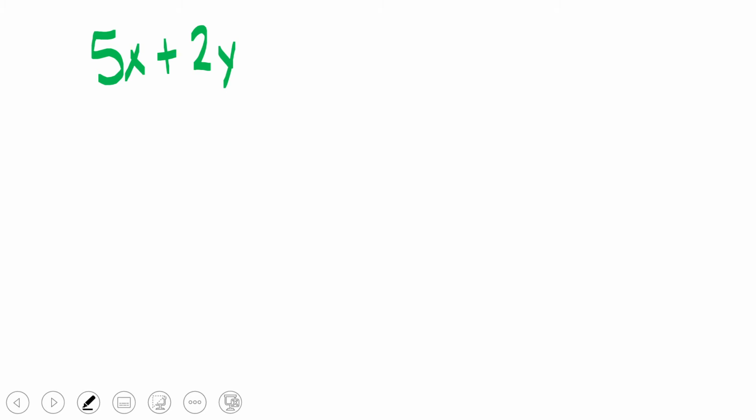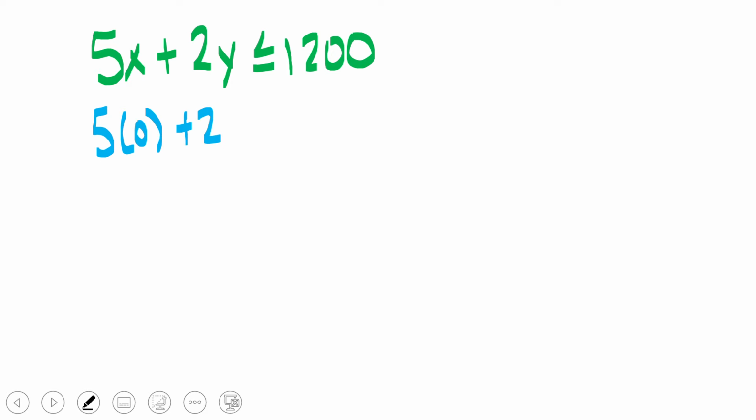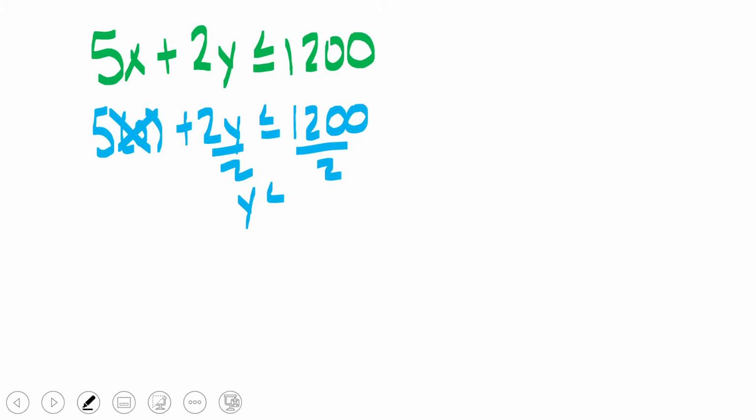We're going to take 5x plus 2y less than or equal to 1200. We'll start plugging in 0 for x. This goes away. We divide by 2, so y is less than or equal to 600.